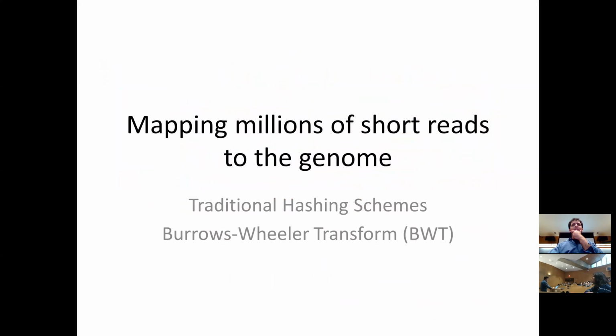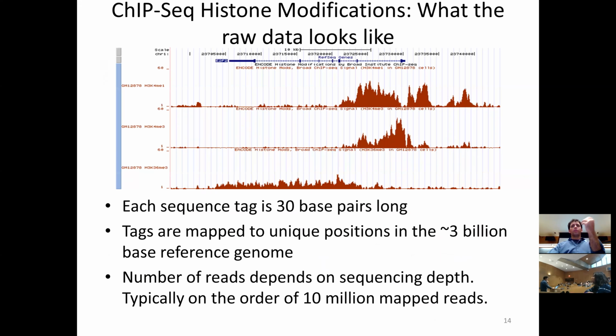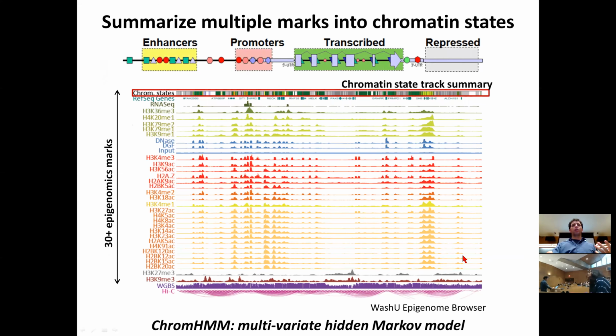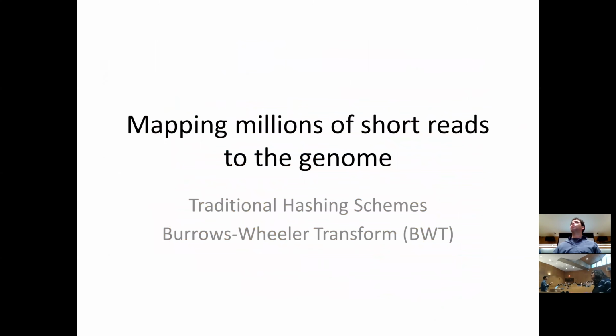All right. So basically now, this is what it looks like for 3 marks. This is what it looks like for dozens of marks. The big question is, computationally, how do you map 20 million reads to the genome? And I alluded to that at the last lecture when we were talking about RNA sequencing, mapping these short reads very fast.